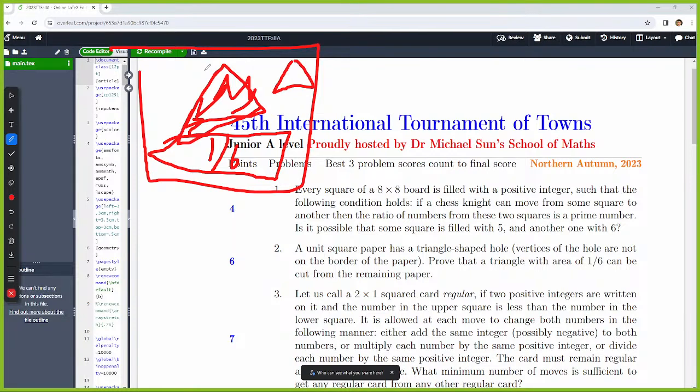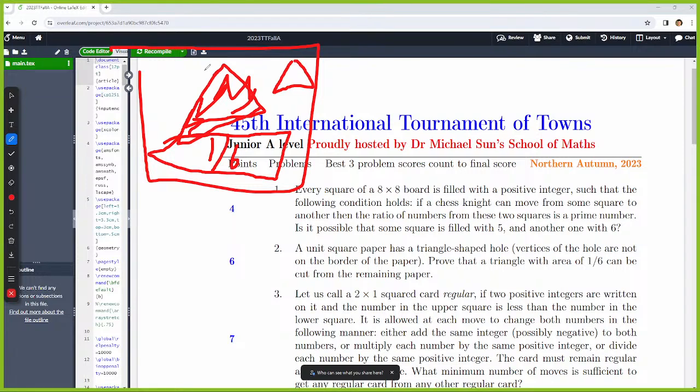Now you draw me a triangle. Wait, what do I have to put? You have to prove that in the paper that's left, you can find a triangle with area 1/6. On the paper that's left. Yeah. Use that triangle this way, and I can prove it. Wait, so the triangle has the area of 1/6.